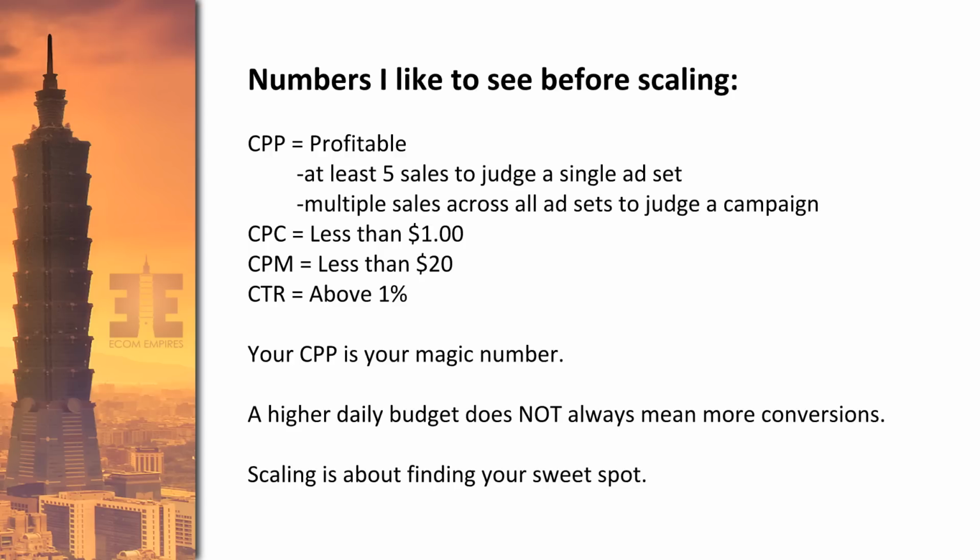I want to see my cost per click less than $1 generally on that ad set, right? There are a few exceptions to that rule, but for the most part, I want to see cost per click under $1. I want to see my cost per thousand impressions under $20, and I like to see my click-through rate 1% or higher. But at the end of the day, the cost per purchase is the magic number.